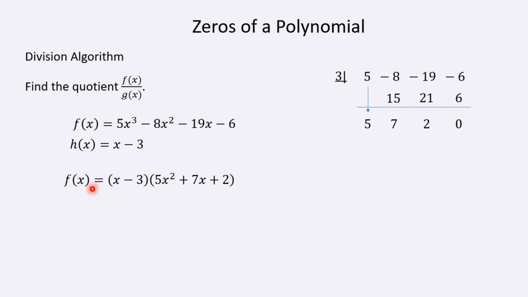So here what I have is that the original polynomial f of x is equal to this product, x minus 3 times 5x squared plus 7x plus 2. So whenever the remainder is 0, then x minus c and the quotient are actually factors of the original polynomial. So that is the division algorithm.